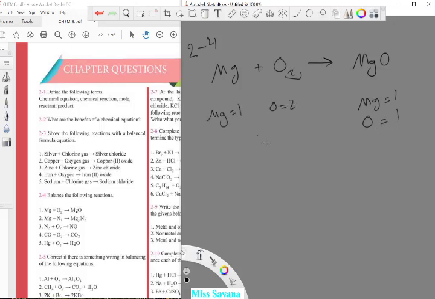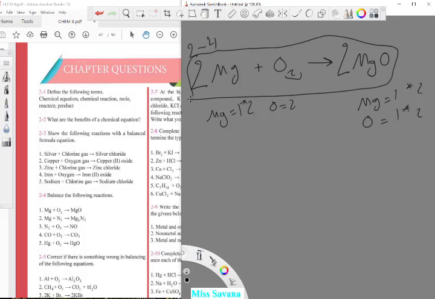So all you have to do is multiply this by 2. How? Put 2 here, and this one also multiplied by 2 by putting 2 here. So everything is set up. All you have to do is multiply the one who doesn't have 2 as a subscript by 2, and you are all set to go.